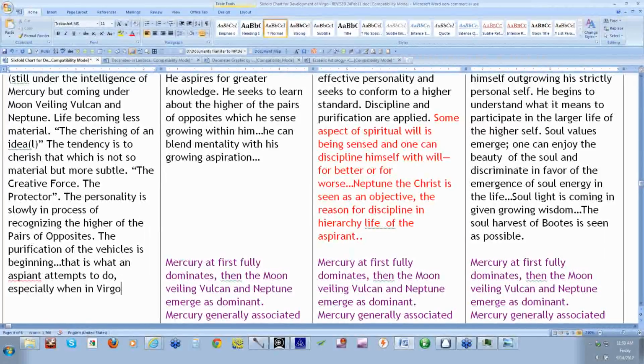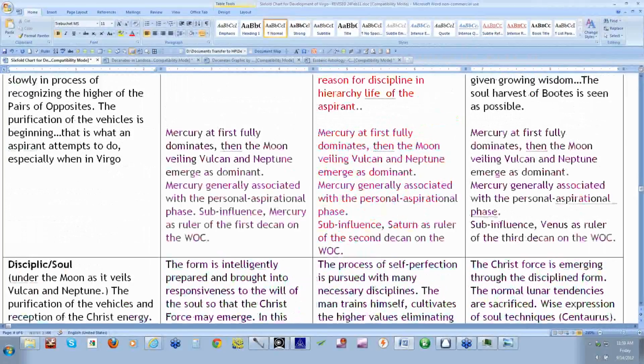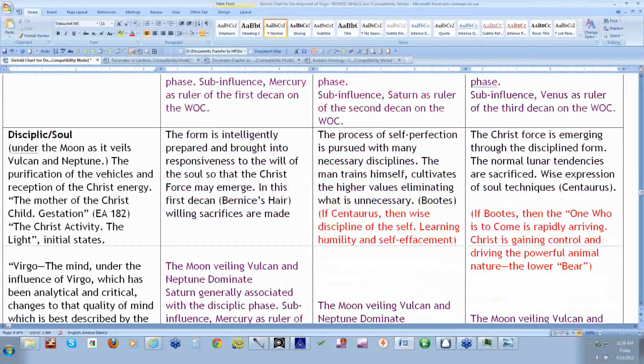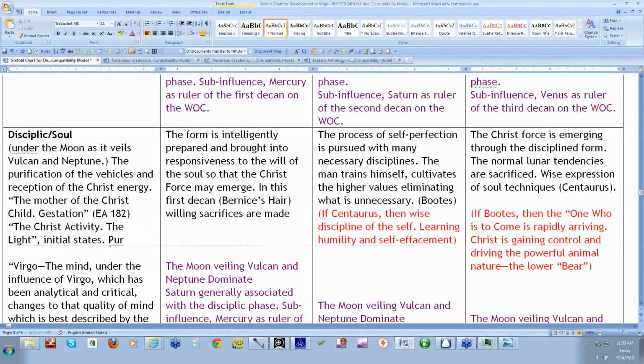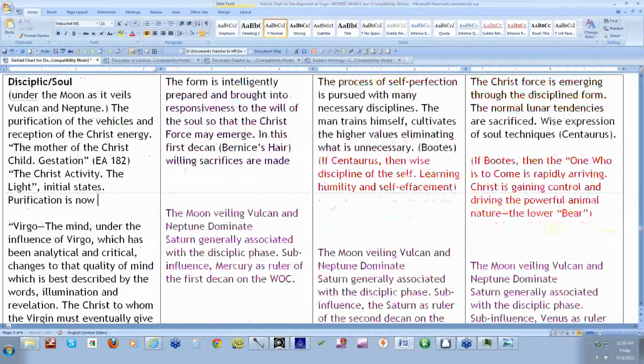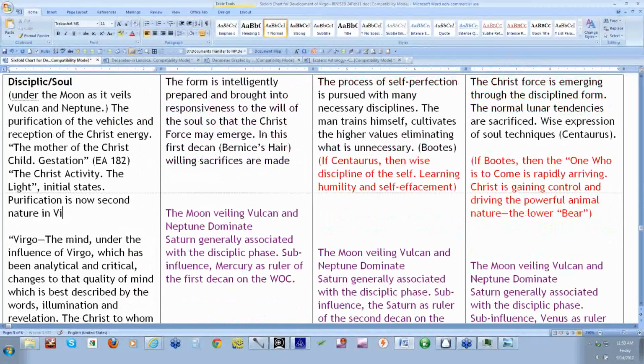So the aspirant is beginning the purification. Now purification is really becoming second nature. The disciple, the soul, is purifying. Let's say purification is now second nature in Virgo.